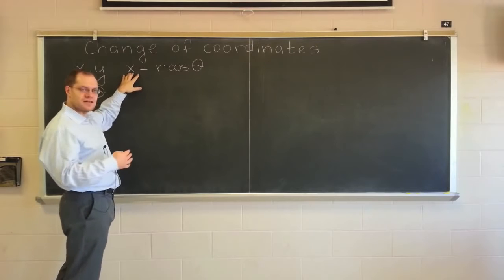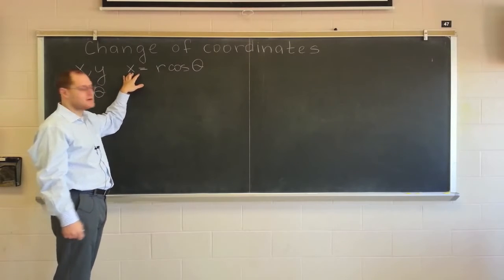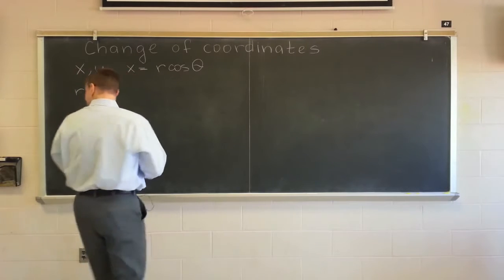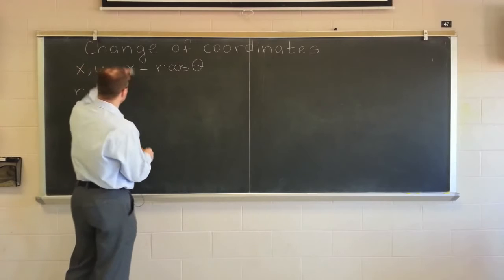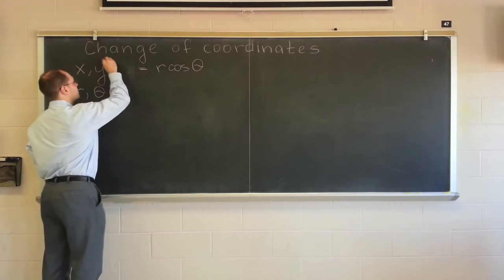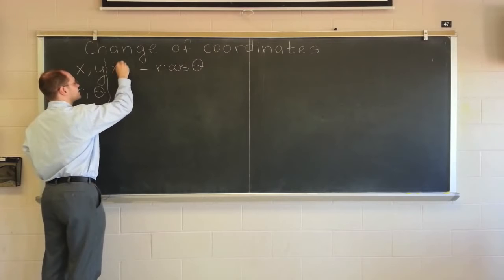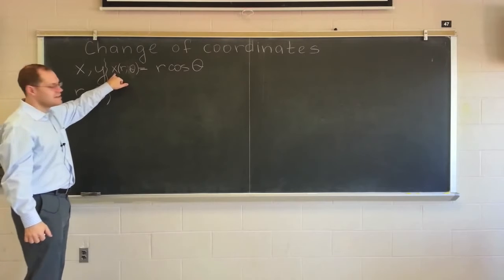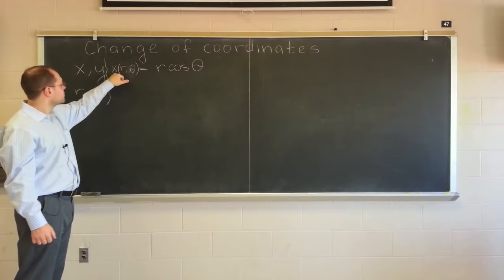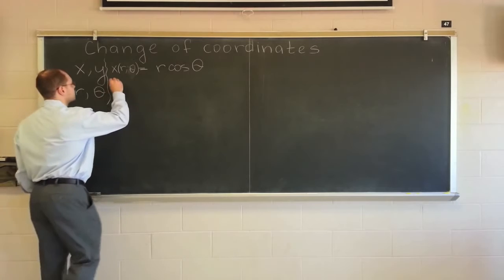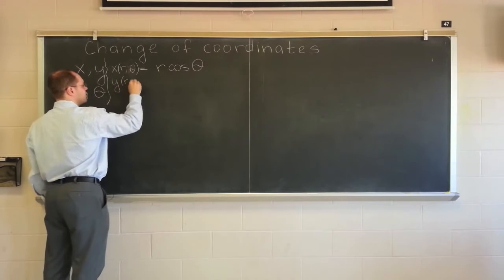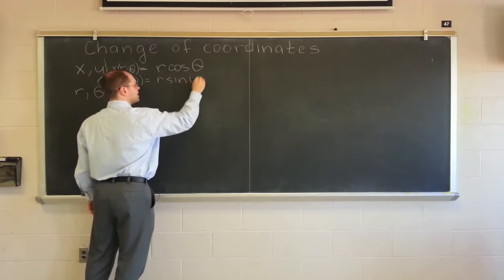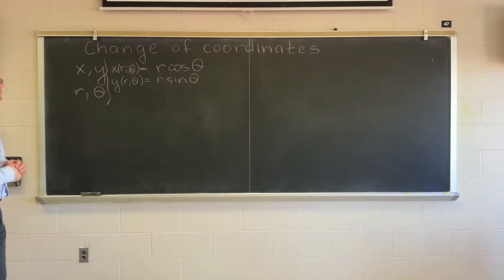And as a function of r and theta, it can be differentiated with respect to r and with respect to theta. So in order to highlight that fact, we will actually write this relationship the following way. We will write x as a function of r and theta. So you see that x in this identity represents a function. y as a function of r and theta is r sine theta.